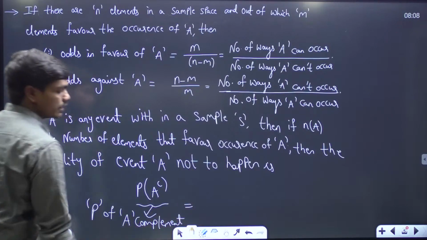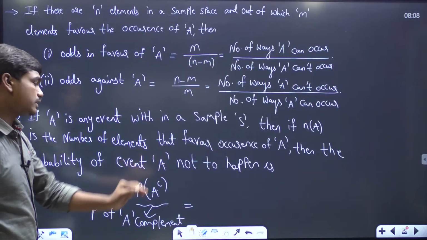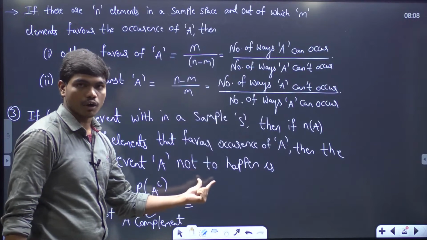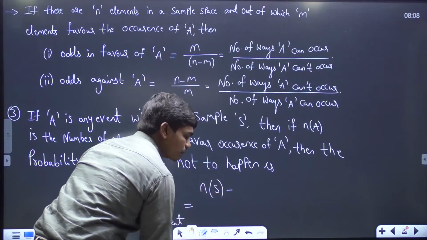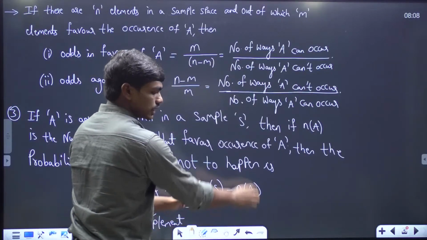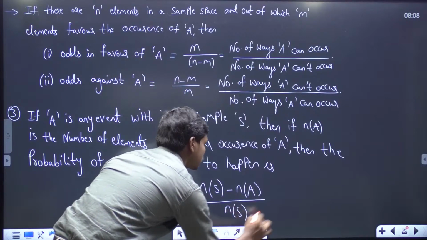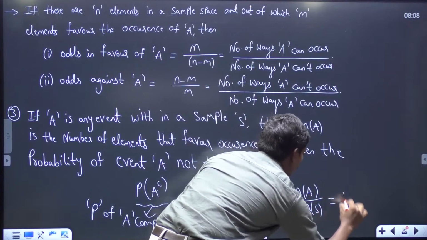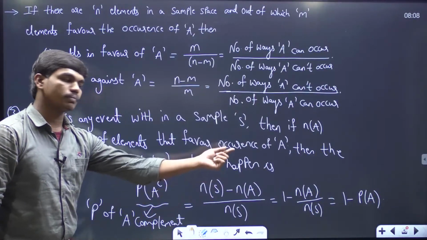P of A complement is equal to, look, if n of S is the total number of elements within the sample space, then if you want the probability of A not to happen, you need to write in the numerator the number of outcomes favorable to A not happening, correct? Out of n of S elements, n of A is the number of favorable elements for A to happen, so this difference is the number of elements which favor not happening of A, divided by n of S. So this is 1 minus n of A by n of S, which is equal to 1 minus probability of A. So the probability of A not to happen is equal to 1 minus the probability of A to happen.